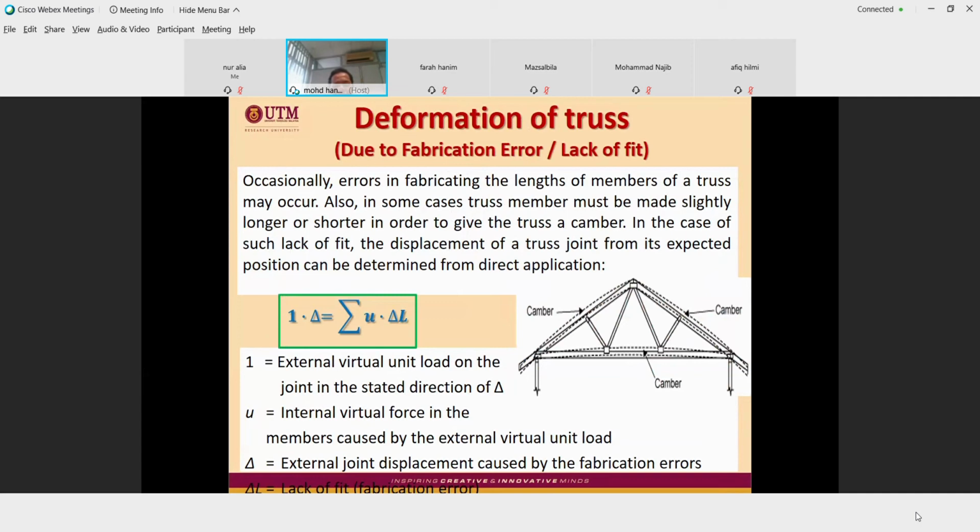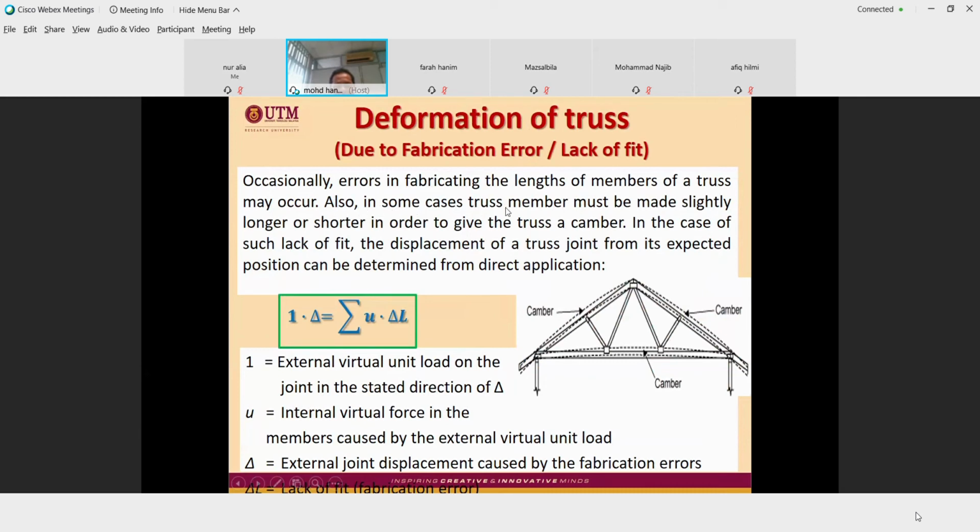Another cause of force which will be induced in the member is fabrication error or lack of fit. This is the explanation here. Errors in fabricating the length of members of a truss may occur.